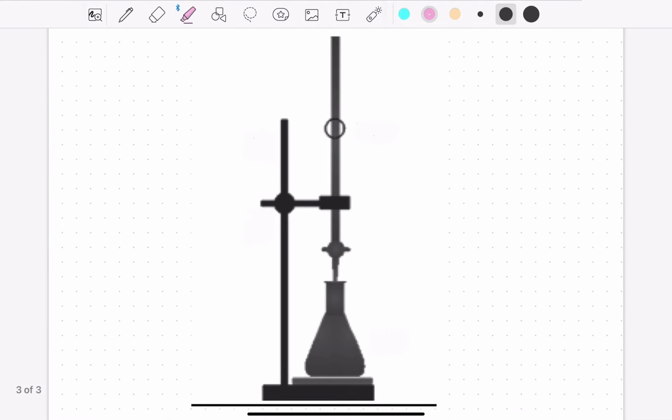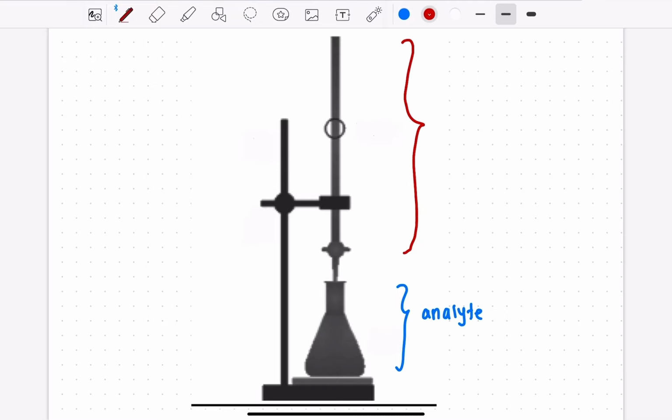As we can see down here, the one in the conical flask is called the analyte, and the one in the burette is called the titrant. Analyte is something that has a fixed volume. If you remember in your previous experiment, we have 25 ml of hydrochloric acid and we don't change it. It is fixed there.